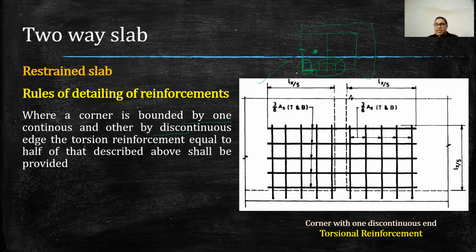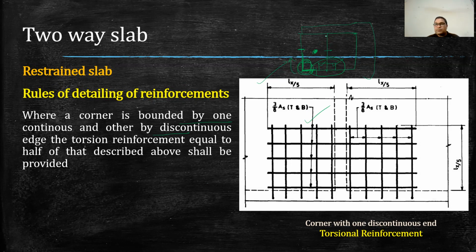And while it tries to lift up, the edges will try to lift up, and in that case torsion or twisting of the corners, twisting of the edges, twisting of the slab corner may occur. And to avoid that, we provide this torsional reinforcement. So that is the case.